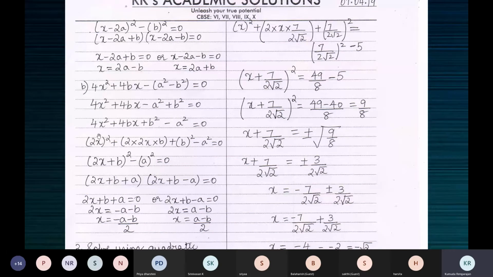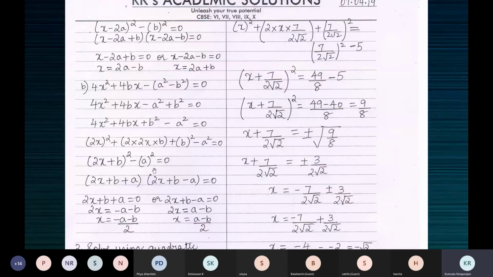All right, so these three terms make p square plus 2pq plus q square, and this minus a square is equal to 0. So now this can be written as p plus q the whole square, or 2x plus b the whole square minus a square is equal to 0.